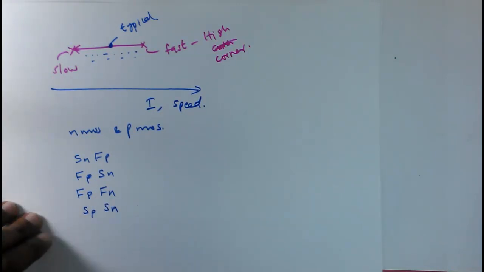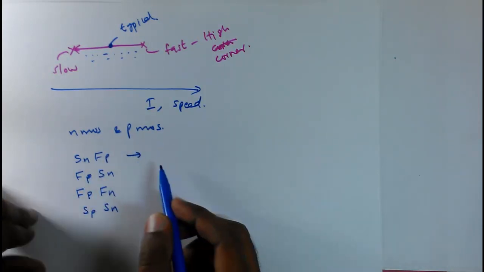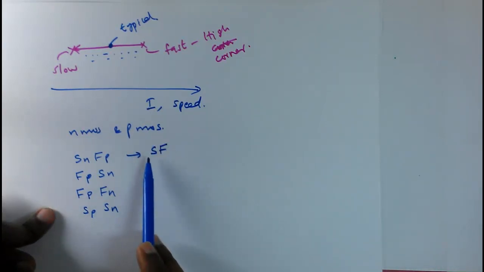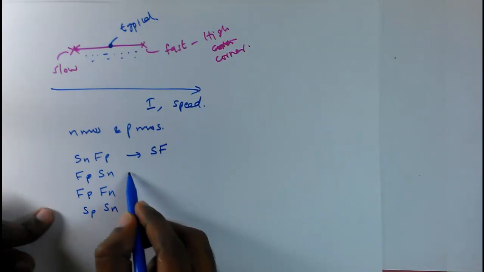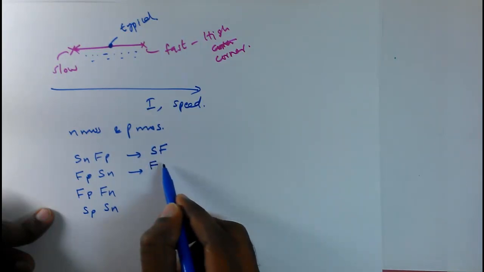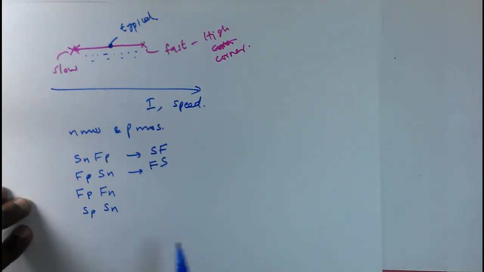So there are 4 combinations with these 2 MOSFETs. The foundry, such as UMC and others, will specify these corners as SF, that means slow NMOS, fast PMOS, and FS, that means fast NMOS, slow PMOS.